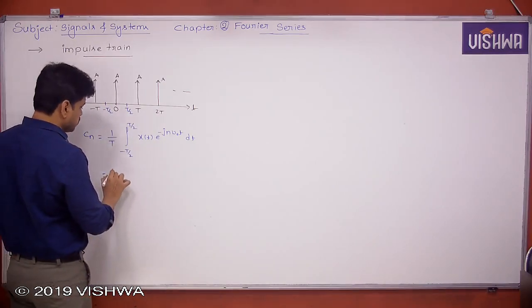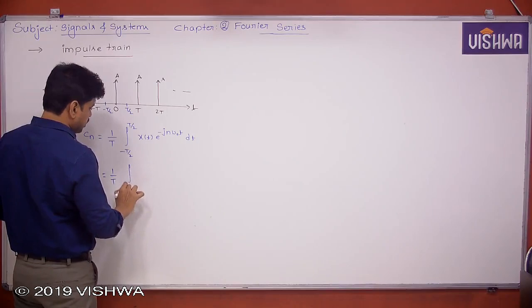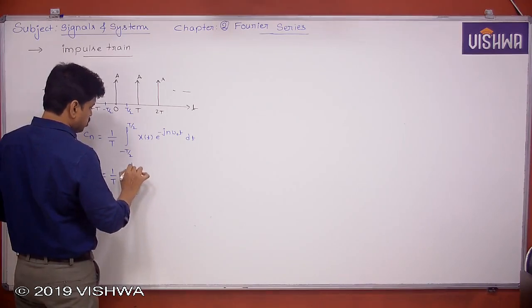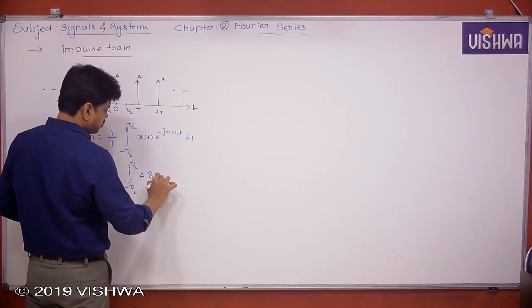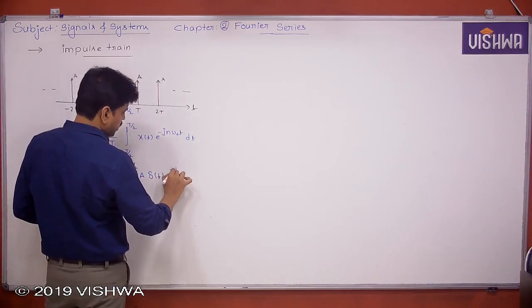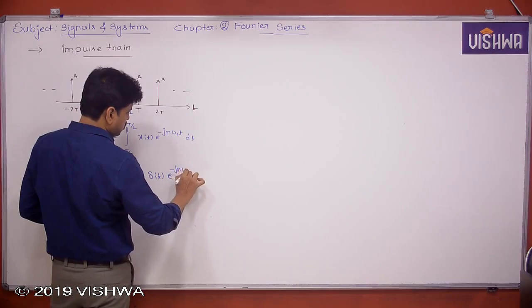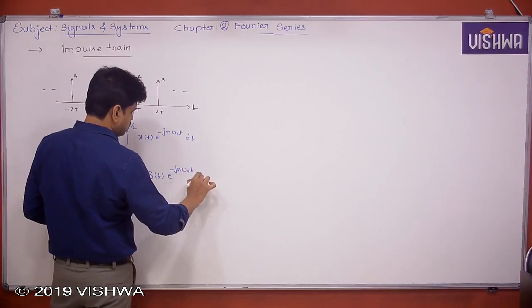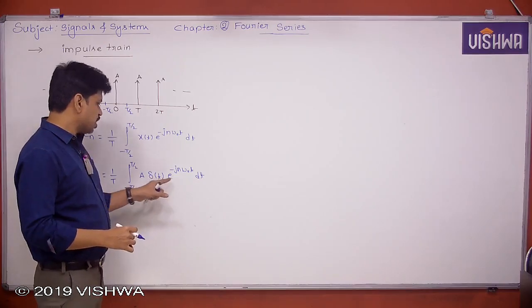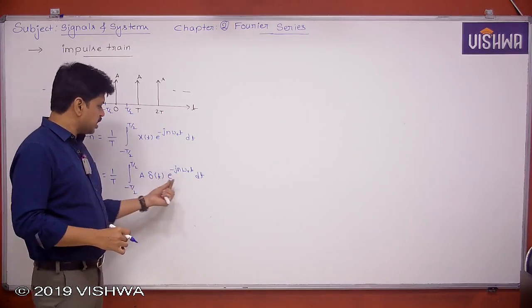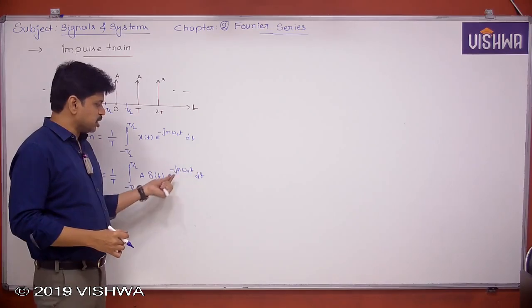So 1 by T integration of a delta t e power minus jn omega naught t dt. Any signal multiplied with delta t, then t has to be replaced with 0.